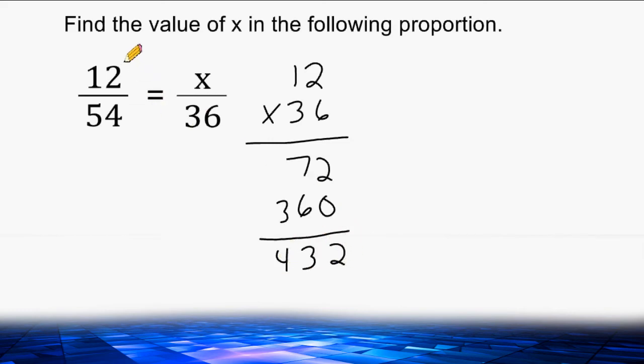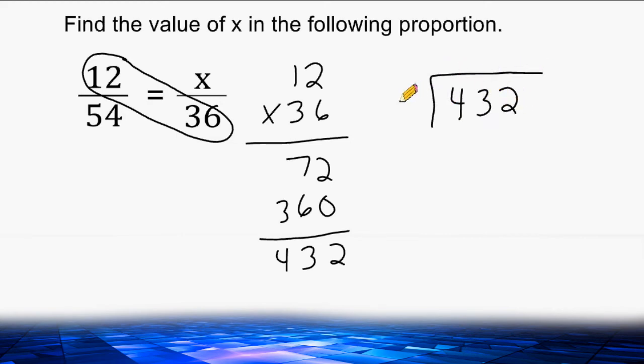Once you come up with the cross product of 12 and 36, we can take that product and divide it by 54. And of course, 54 cannot fit into 4 or 43, but it can fit into 432 exactly 8 times. If we multiply 8 times 54, we would come up with a product of exactly 432.